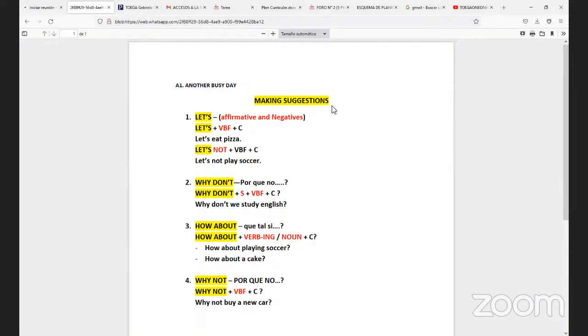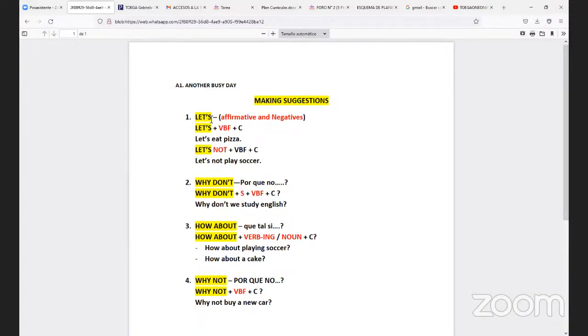When we are in a group and we don't know what to do this day, we can make some suggestions. It could be affirmative and negative statements for suggestions in a group of people.